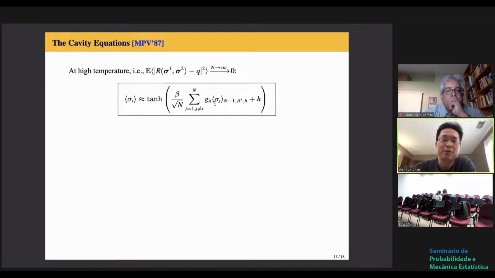This is something else, because here it is n-1. So the size of the system here is 1 less than the left hand side. This is my notation. This n-1 simply means a system of size n-1, with a slightly perturbed temperature beta prime, but this beta prime is not too far away from beta. This is the cavity equation.